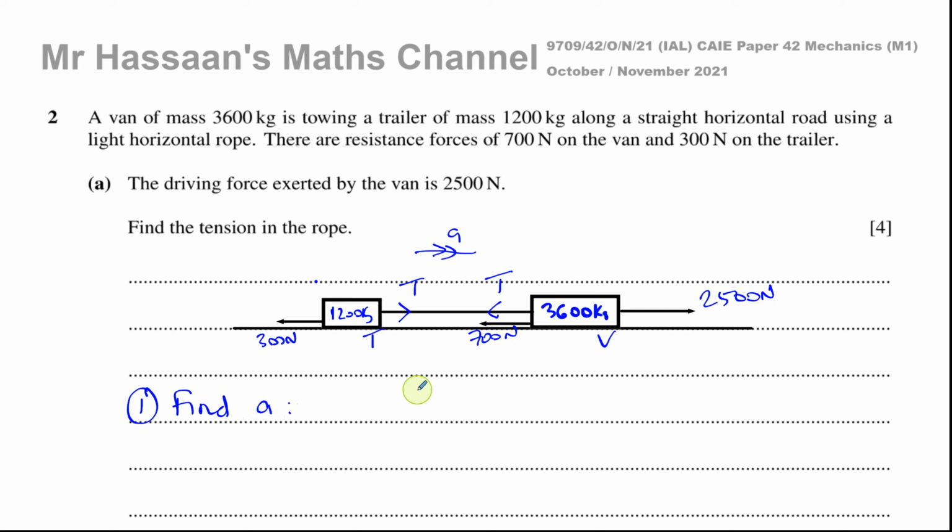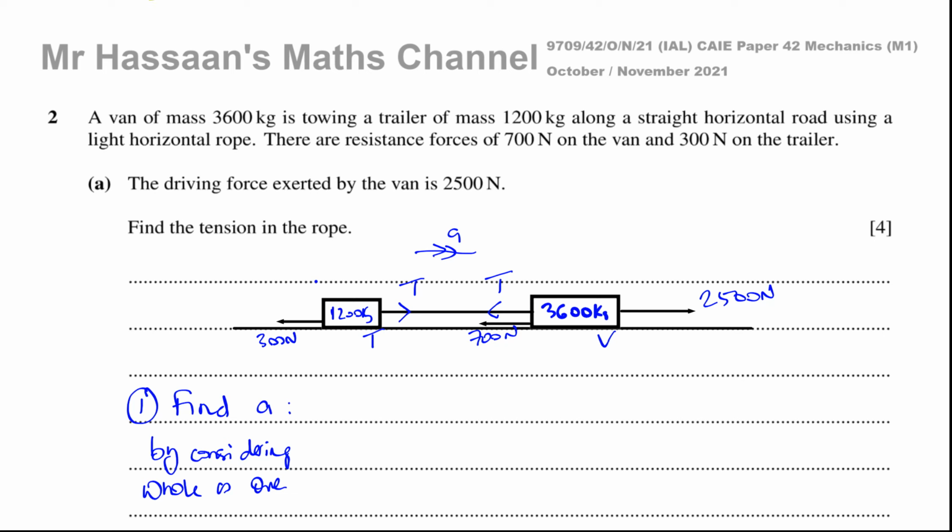So to find the acceleration, we have to eliminate tension from our equation. And we can do that by considering the whole system as one particle.